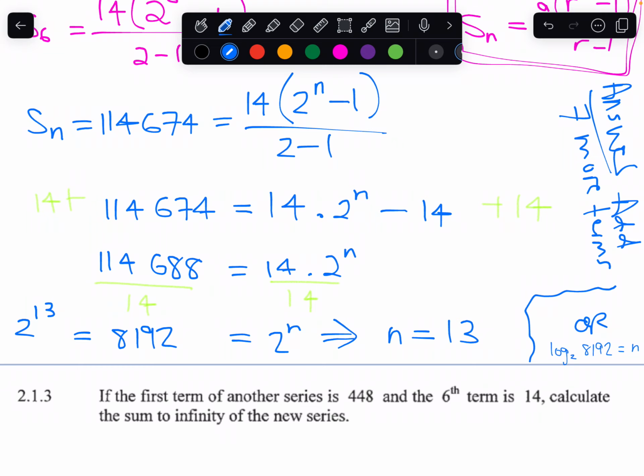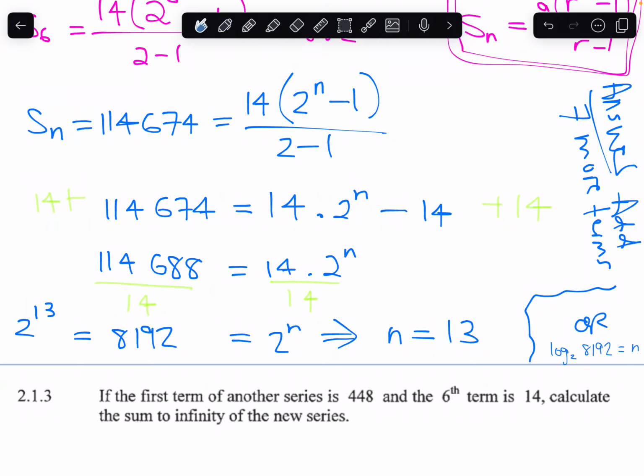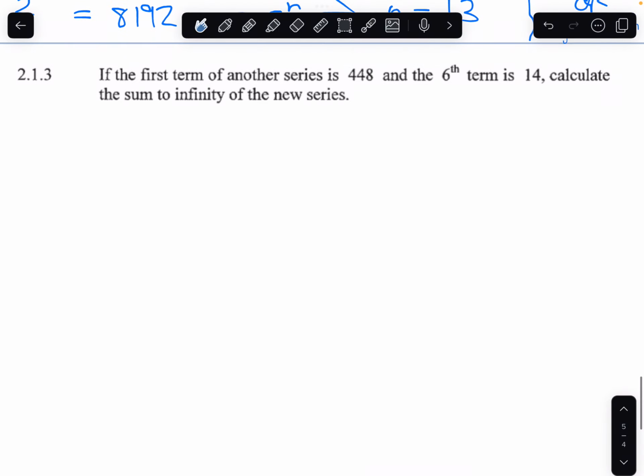Okay, right. Let us look at the last bit of the question. If the first term of another series is 448 and the 6th term is 14, calculate the sum to infinity of the new series.